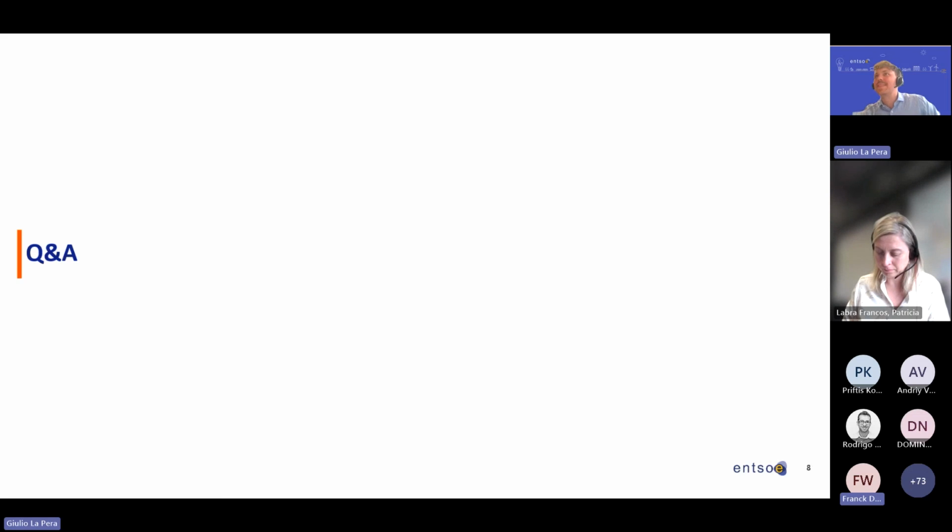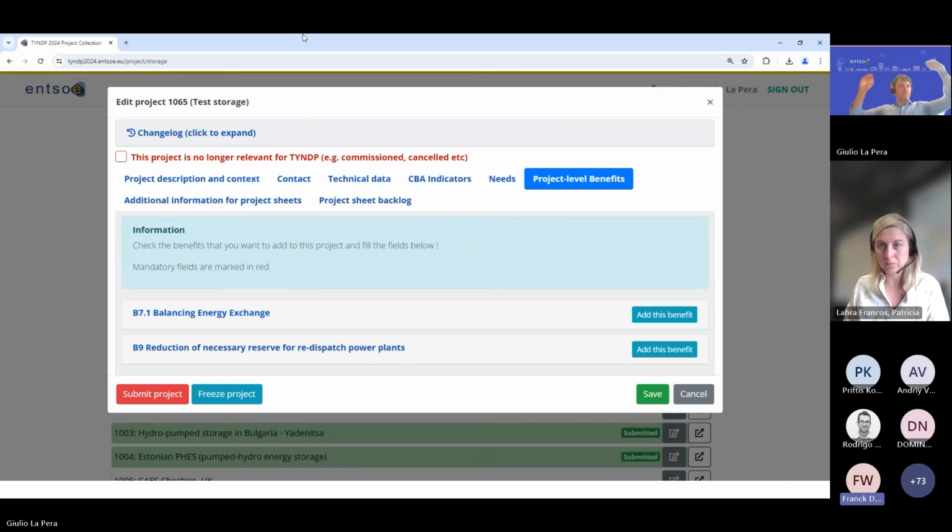If I can just add to that, the idea for which these two indicators are even allowed for submission for the storage is just due to the fact that for those two methodologies we do not specify the type of technology that can be accepted for assessment. So both transmission infrastructure and storage infrastructures are valid for assessment. That's the reason why it can be submitted.